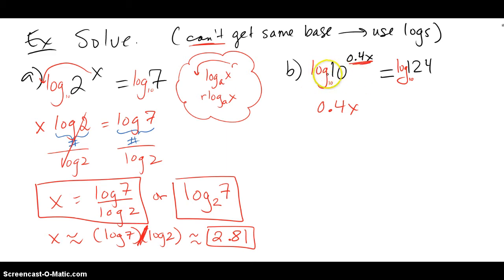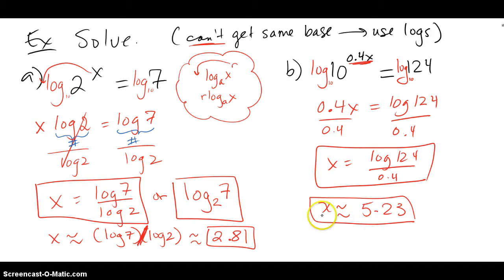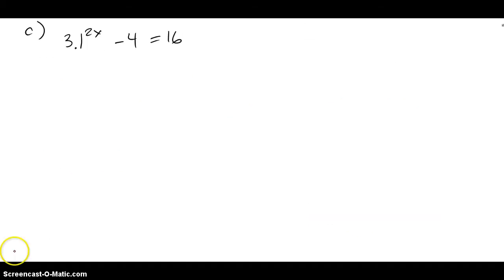So these guys completely disappear, makes it easier for me. I get log of 124, and I divide both sides by 0.4. We get, for an exact answer, log of 124 over 0.4. And then for an approximation, let's go punch it in. We get approximately 5.23.